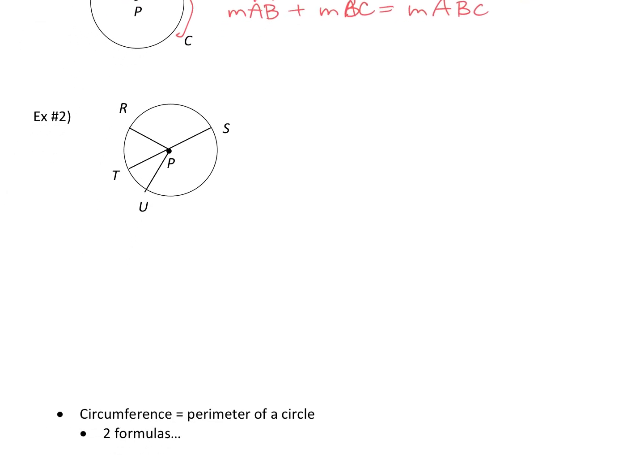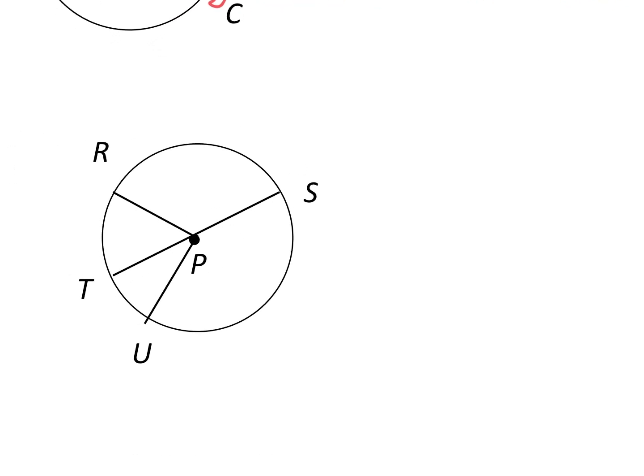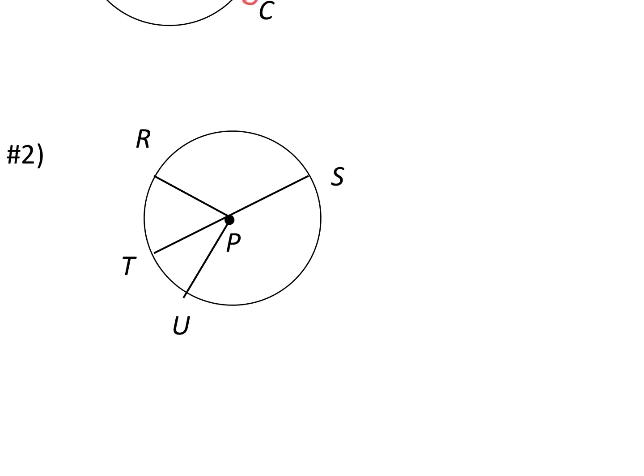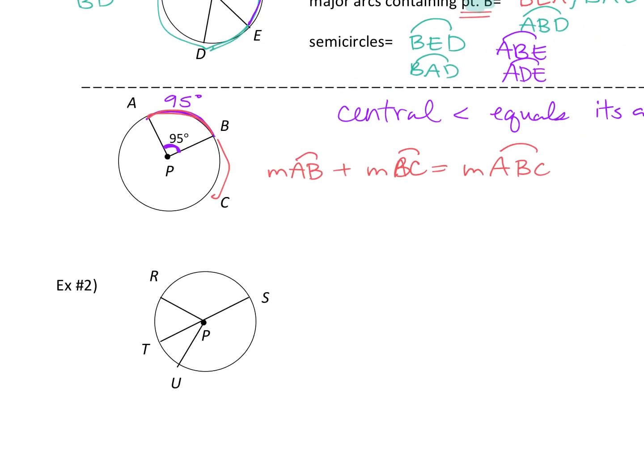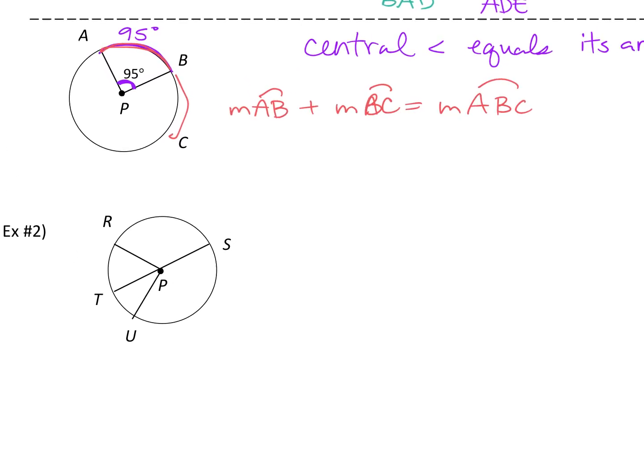Okay, so for example 2, I should have put more information on here for you, but I didn't because I was in a hurry. Here's what I want you to do. The black that I write in right now is given to you, okay? You don't have to find this. So on example 2 here, they tell us this angle is 60 degrees and that angle is 20 degrees, okay?